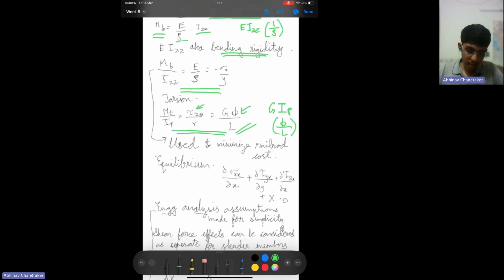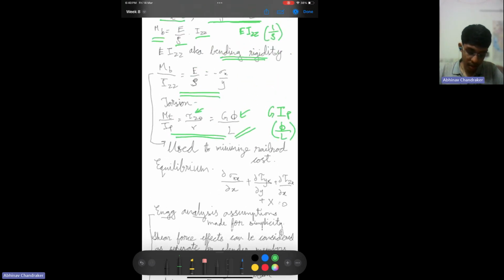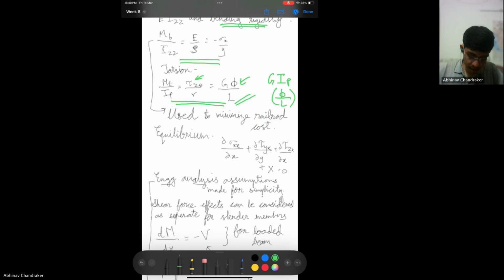So one major benefit of this kind of understanding, which can be directly seen in applications, is the railroad, which sir showed. So instead of having a square cross section, which is more straightforward when making rails on which the wheels of the trains will move, we have this kind of a cross section, something like this.